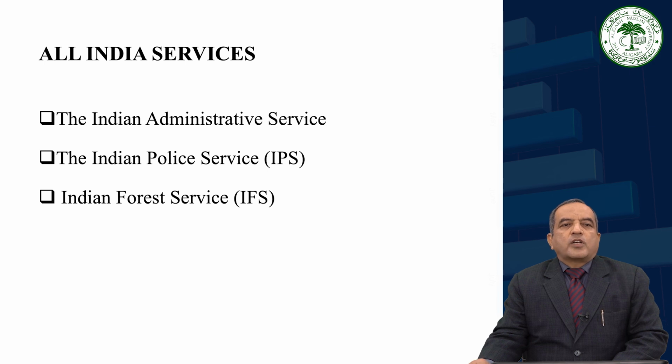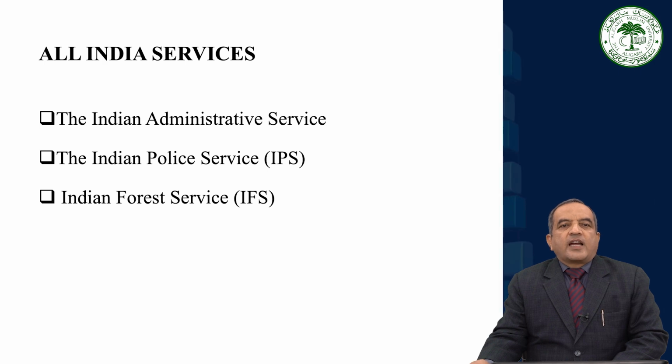Officers are sent to different state cadres when they are hired. There is a set number of officials in each state cadre, but there is also a reserve of officers who can be sent to work for the union government for 3, 4, or 5 years before returning to their state cadres.